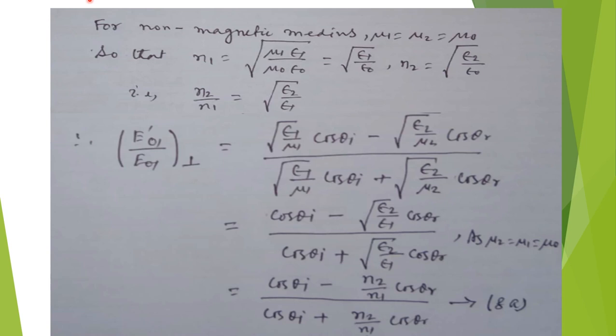Now next we consider the medium to be a non-magnetic material, that is a non-magnetic medium, where mu1 is equal to mu2 is equal to mu naught.